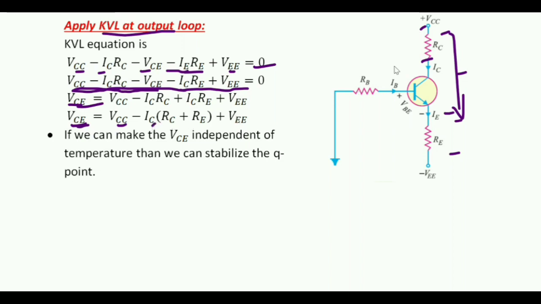Suppose collector current increases. If IC increases, then the voltage drop across RE increases. This will become positive and this will become negative, and this is the negative voltage that is supplied to the transistor.